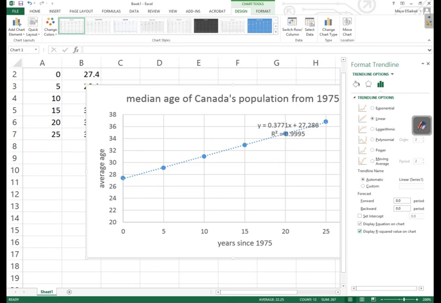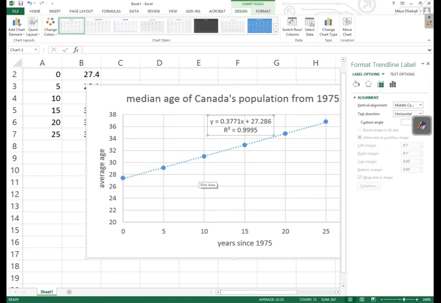So, by doing this, I have created my equation of the line, and I found how well it fits. That R squared value tells you how well your line of best fit is fitting your points. That 0.9995 means it's a 99.95% fit.